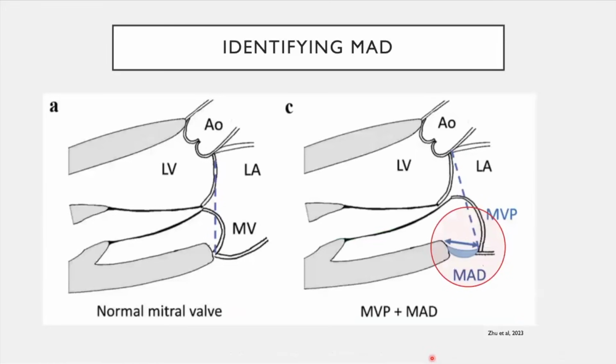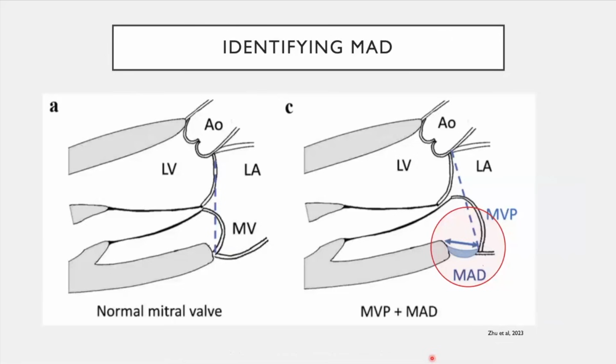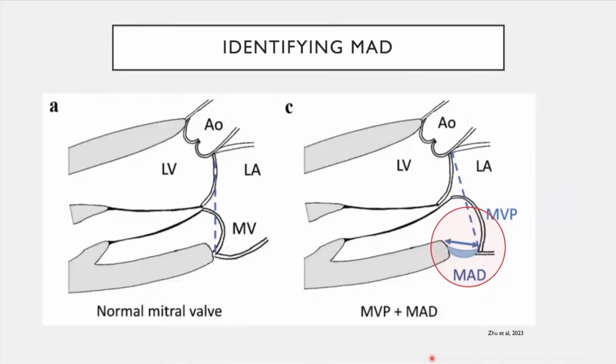Okay, getting into the fun part of the talk, talking about mitral annular disjunction. So mitral annular disjunction is a gap between the ventricular myocardium and the mitral annulus.